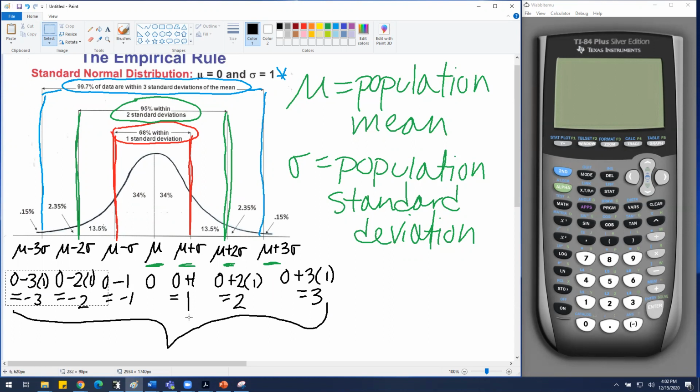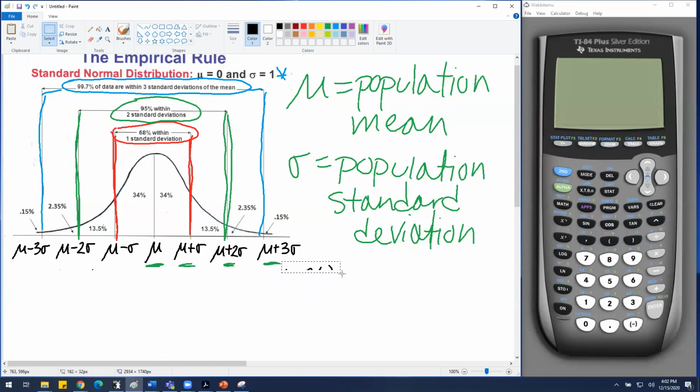What if your mean was not 0? I'll give you an example. Let's say they gave you a mean of 50 with your standard deviation as a 3. You would center your mean in the middle.